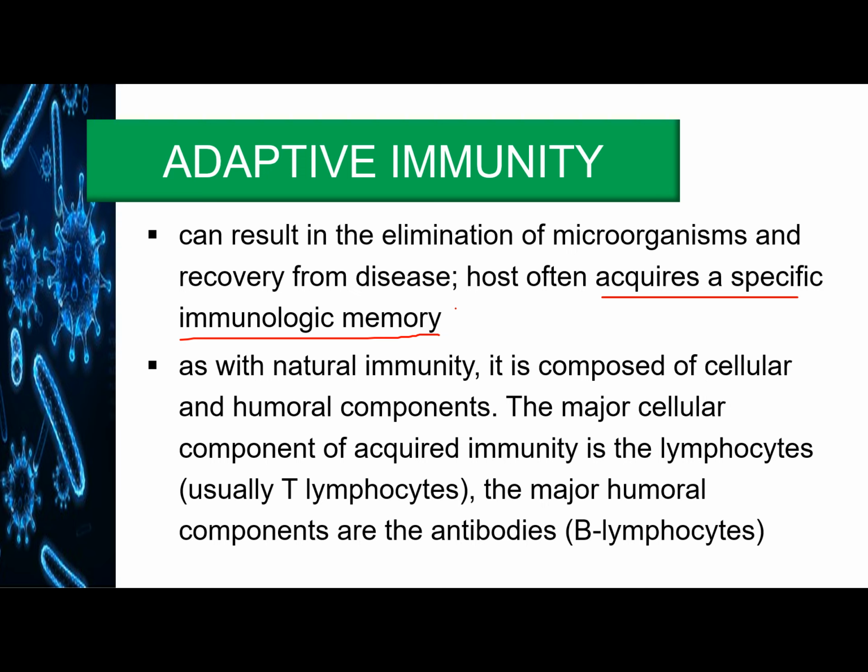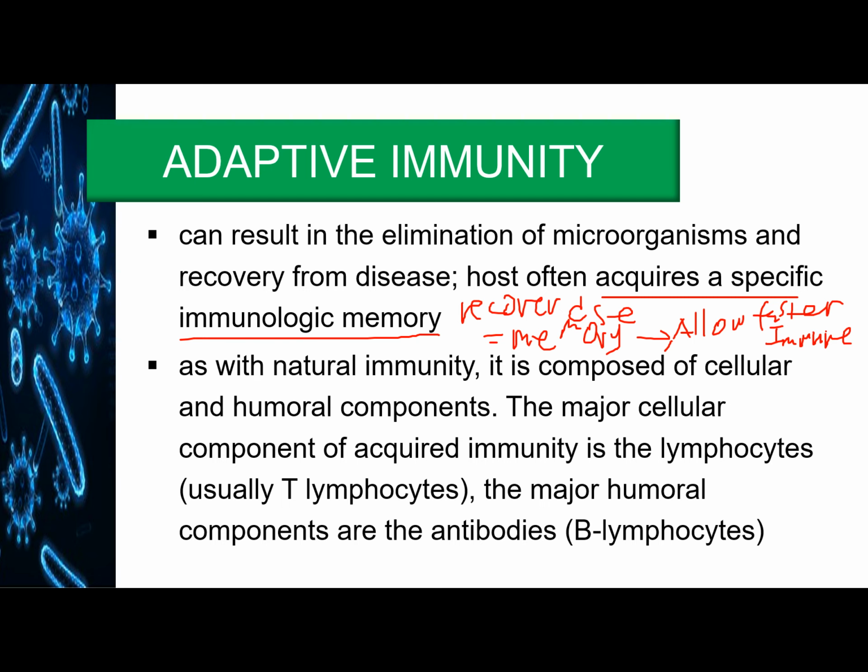If you still remember, when we talk about adaptive immunity, if you recover from the disease, you would develop this so-called immunologic memory, which would allow a faster immune response the next time you are infected again with the same pathogen.